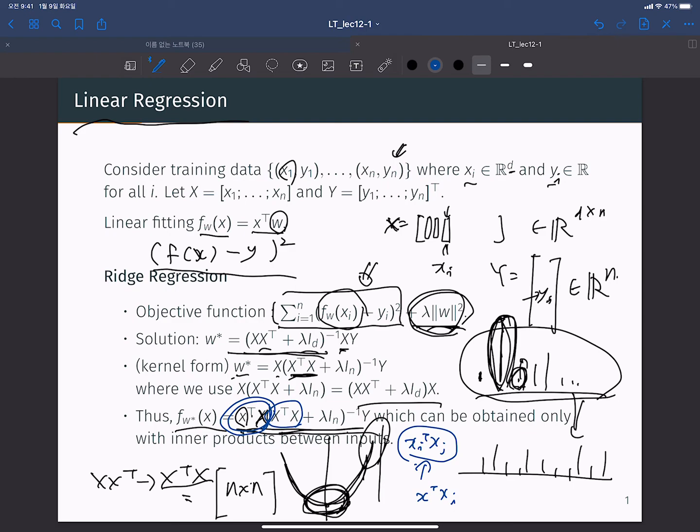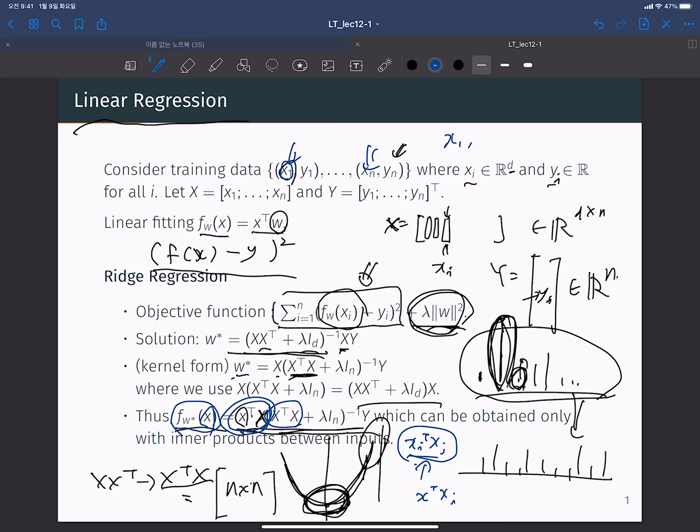Okay, we don't care which X vectors we received. We don't need to know the exact vector values from x1 to xn and the new input x. It is okay to know just the inner products between inputs. Then without information on the exact xi vectors, we can estimate f_W star of x. Okay?